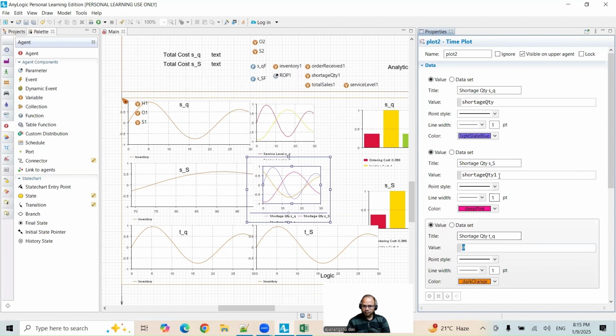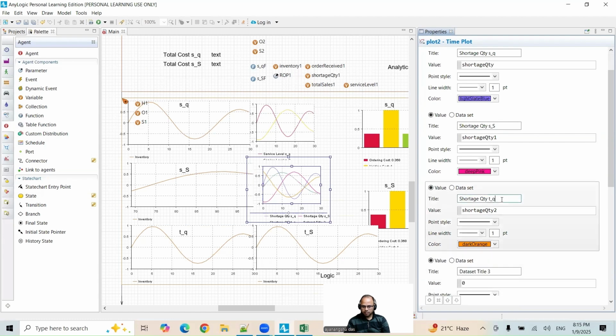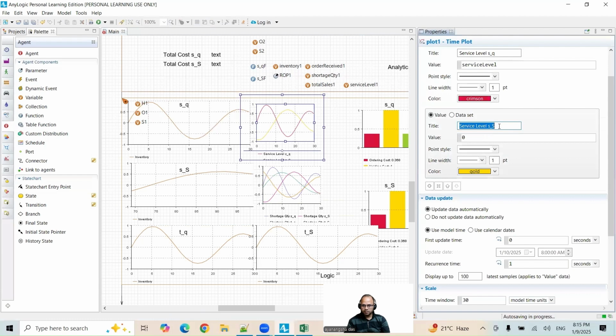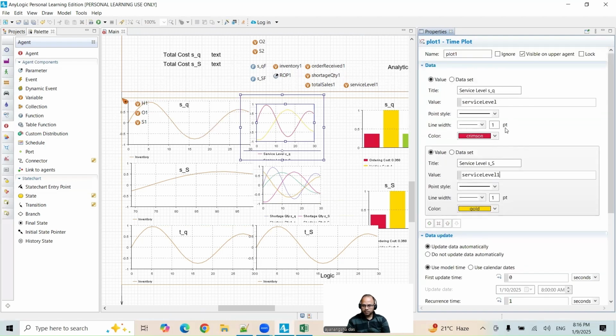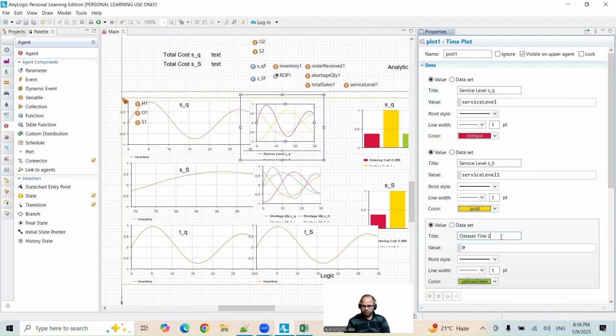So shortage quantity TQ we have defined, and then shortage quantity 3 for TS, shortage quantity 3, and then we will define the service level as service level 1. This 2 will be defined as service level T underscore Q of the definition.